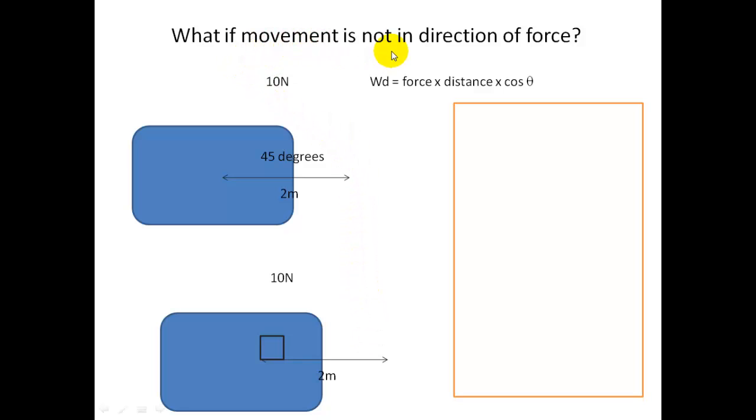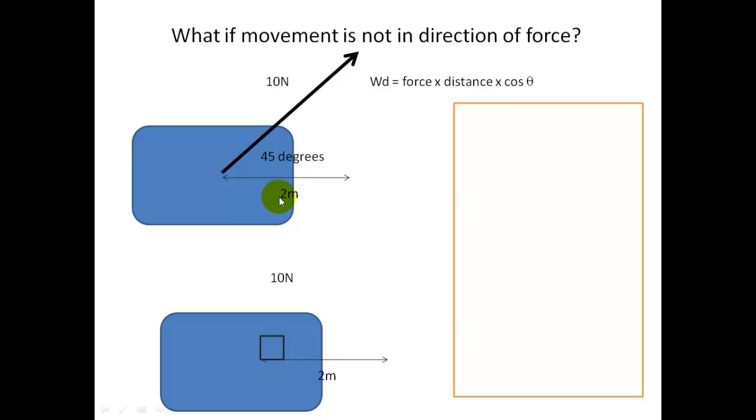What if the movement is not in the direction of the force? It must be in the direction of the force. Otherwise, we need to find the component of that force that is acting in the direction that it moves. For example, we have a force of 10 newtons acting at 45 degrees.